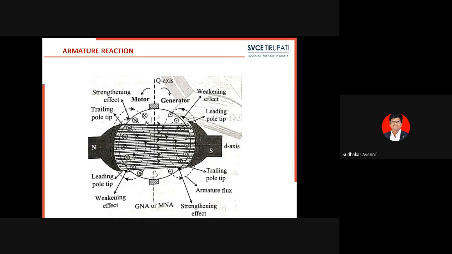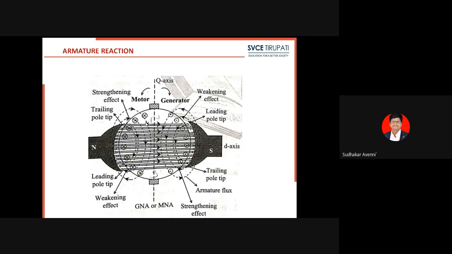Because of this, there are effects on the DC generator. One is the cross magnetization effect, another is the demagnetization effect.